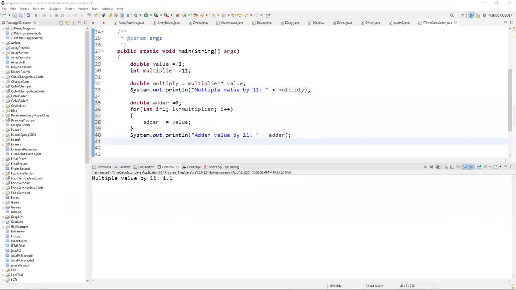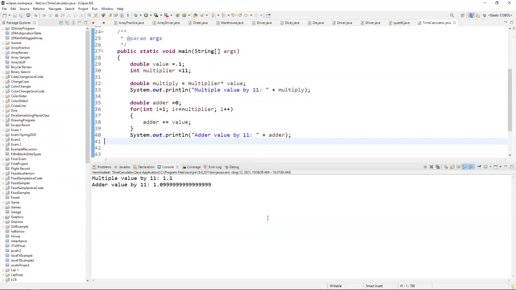Okay, so now what if we did addition? We want to add 0.1 11 times. So we're going to set a variable adder equal to 0. We're going to go from 1 to the multiplier, which is 11, so we're going to do this 11 times, and we're going to add 0.1 to adder each time. Now we see that we don't exactly get the same answer.